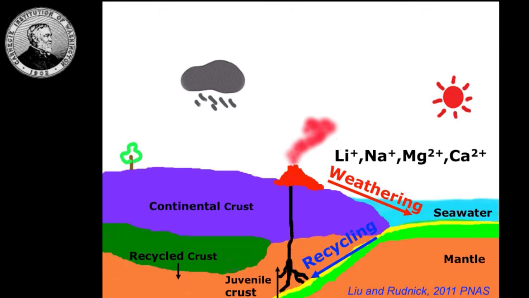But this one just gives you an idea of what I'm talking about with chemical weathering. Chemical weathering preferentially removes soluble elements such as lithium, sodium, magnesium, and calcium, and removes them into the oceans. So that leaves the continental crust to be more silicon-rich, right? So that's one possible mechanism.